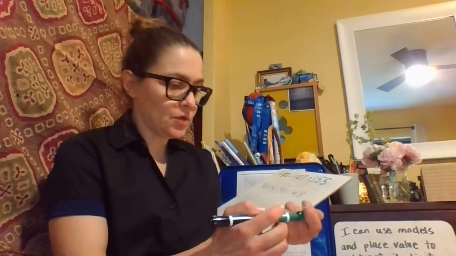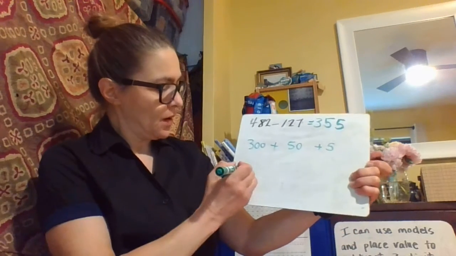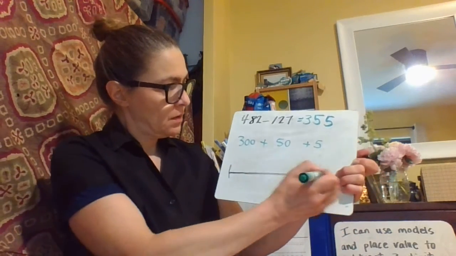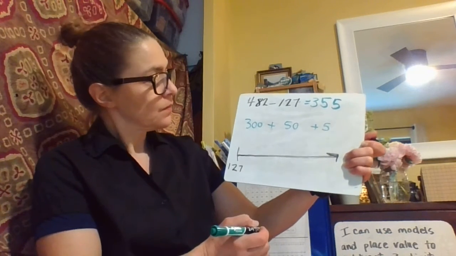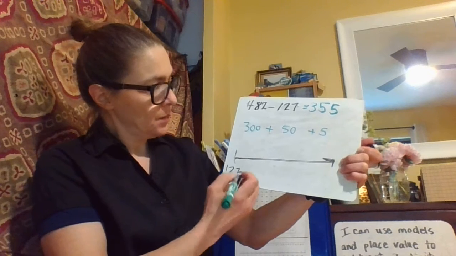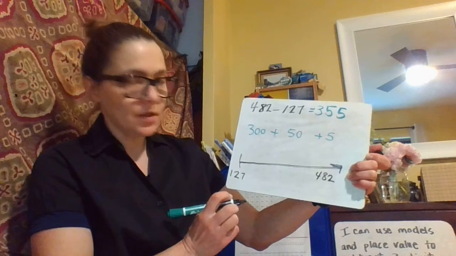Okay, and I'm going to double check my answer, and I can double check by doing what I learned yesterday about the open number line. I can start at 127, and I need to count up to get to 482. So my change is unknown.